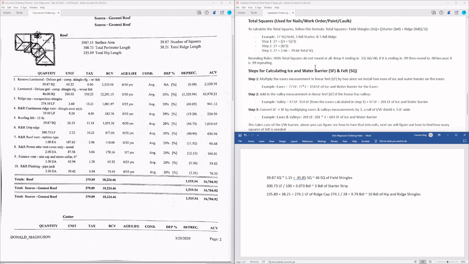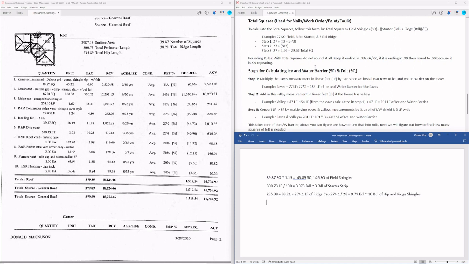Total squares equals the field shingles in squares plus the starters in bundles and ridge in bundles divided by 3. The reason that we divide by 3 is because for each 3 bundles of shingles, that equals 1 square. So essentially we're converting bundles of starter and bundles of ridge into squares of starter and squares of ridge, and then adding that to squares of field to get our total squares.